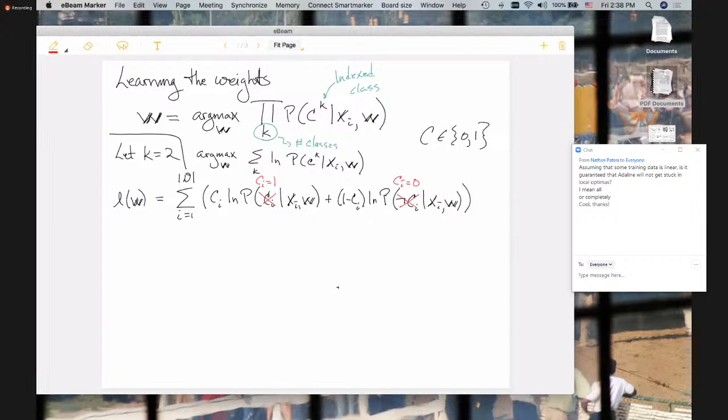I'm going to jump right to the bottom line. There's a bunch of algebra that I could do here, but in the end, what I get is this expression.